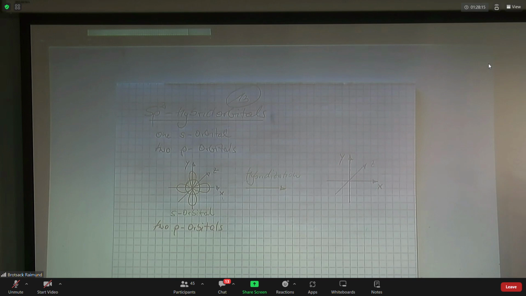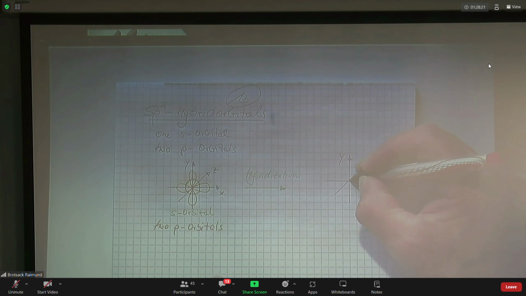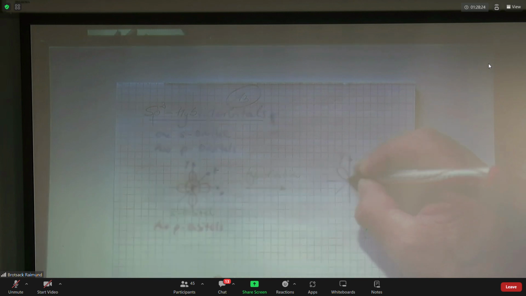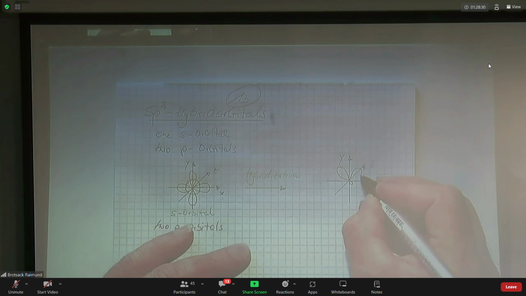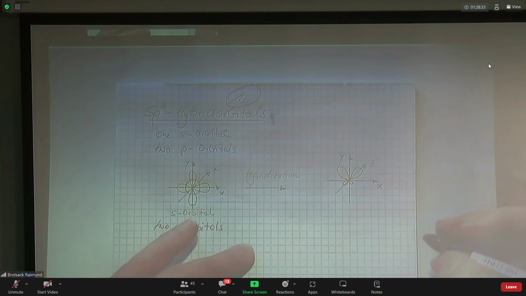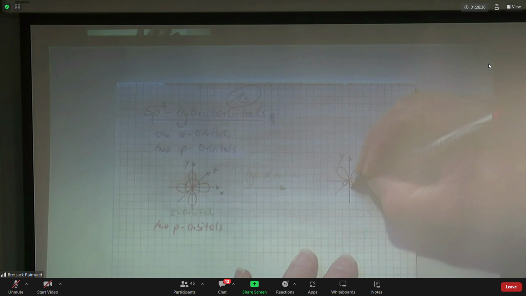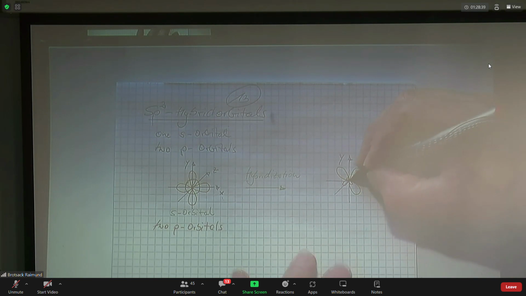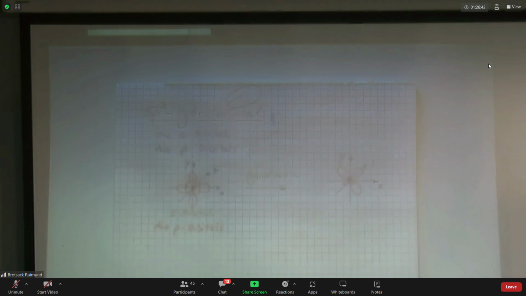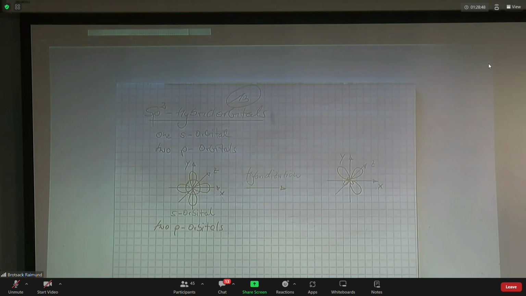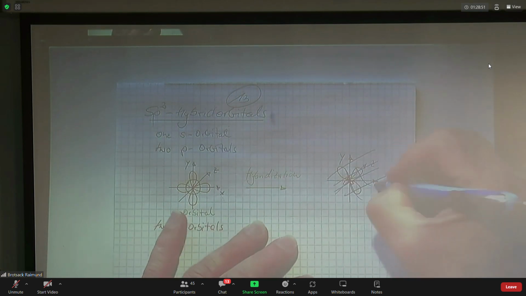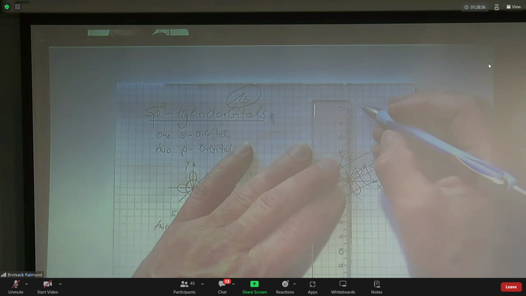And now the new type of orbital looks like this. We have again this dumbbell, but now we have the structure which looks like this. Oh, sorry, wrong. No, I mixed it up. Again, drawing our coordinate system. I do it above, sorry.